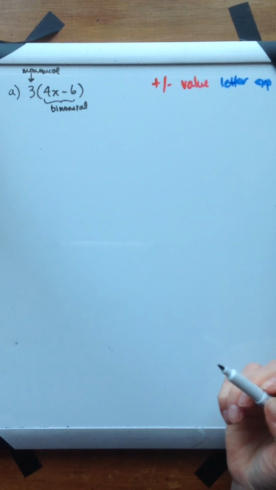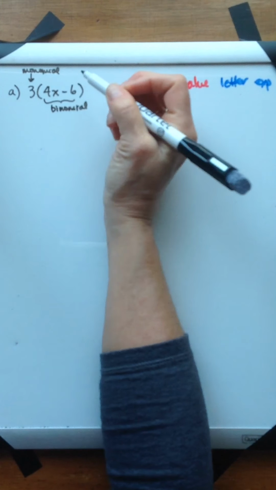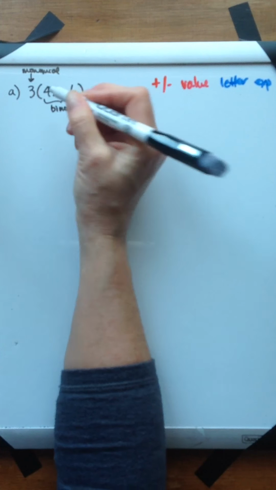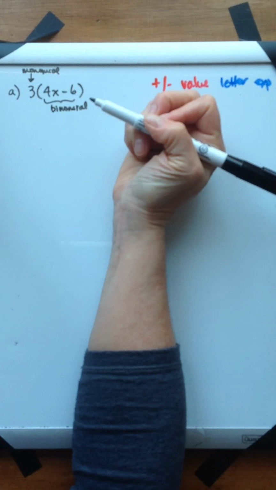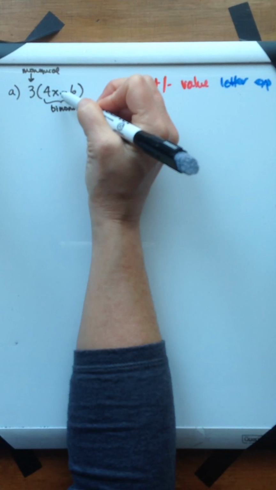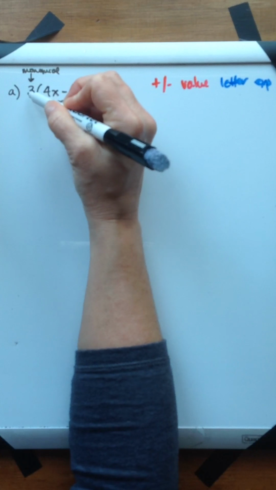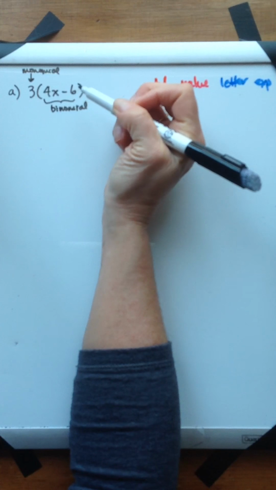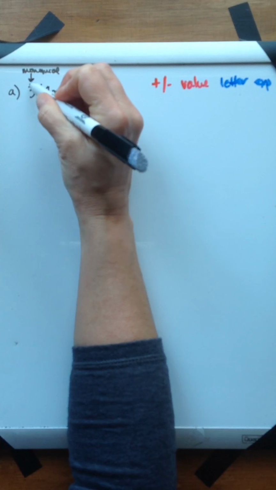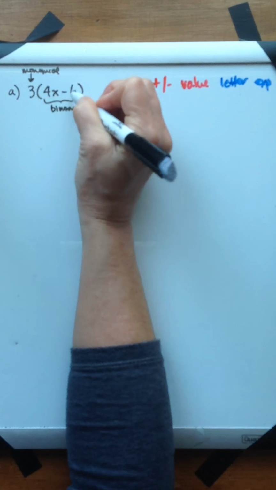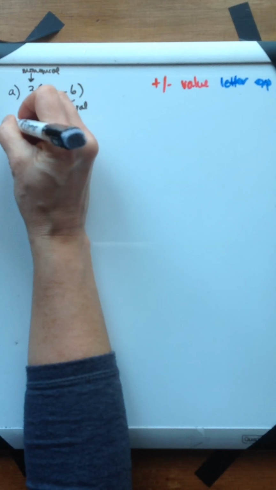So when I do the distributive property, what I really recognize is that there are 3 4x minus 6's. And therefore, because there's 3 of them, there have to be 3 4x's and 3 minus 6's. So I can expand that all out if I want to, or I can recognize that I can just take this 3 and multiply it by each of the terms inside the brackets.